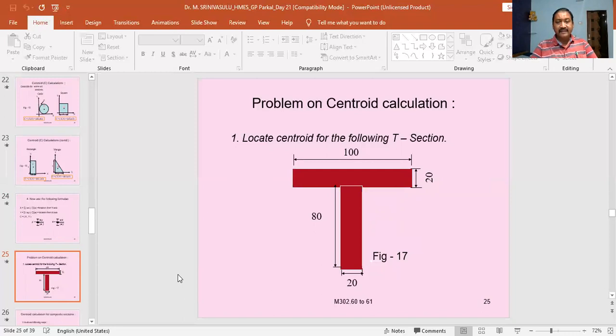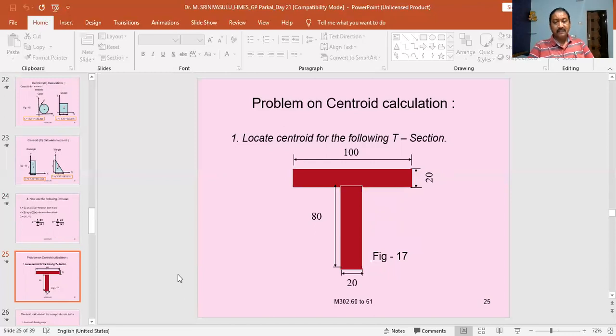Here this T section has two rectangles. Generally a rectangle has a length and width.